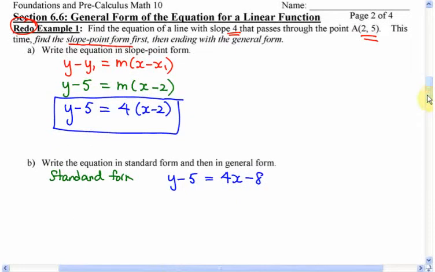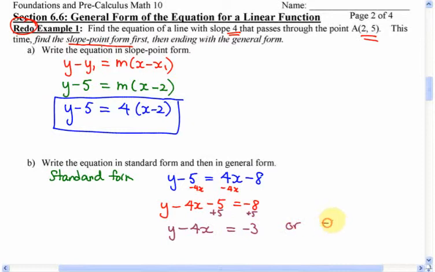And then we need to move all the variables to one side. So y take away 4x minus 5 equals negative 8. Then we need to make sure the constants are on the right-hand side. So y minus 4x equals negative 3.